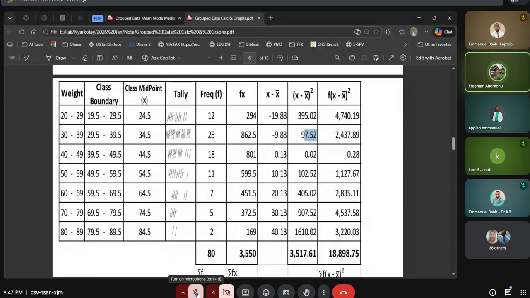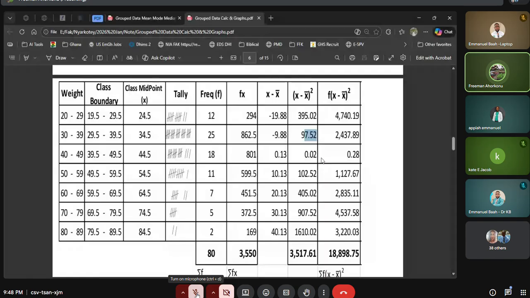Okay, listen again. X minus x bar, we got negative 19.88. So we're only squaring negative 19.88. That's all. In other words, negative 19.88 times another negative 19.88.